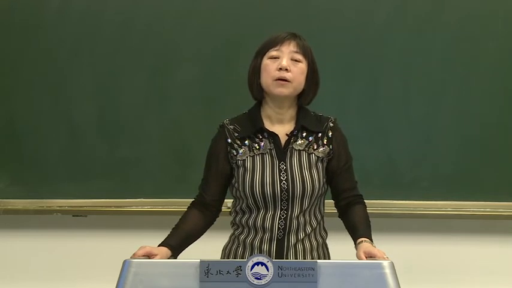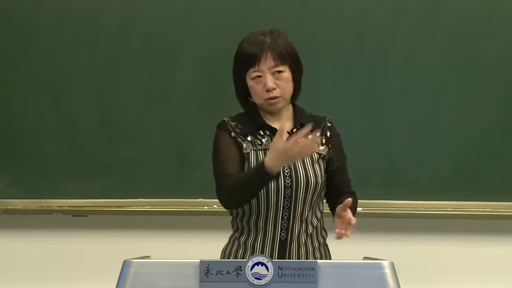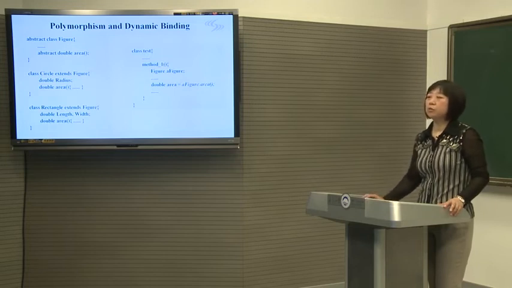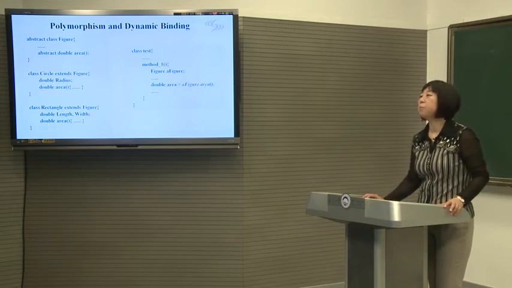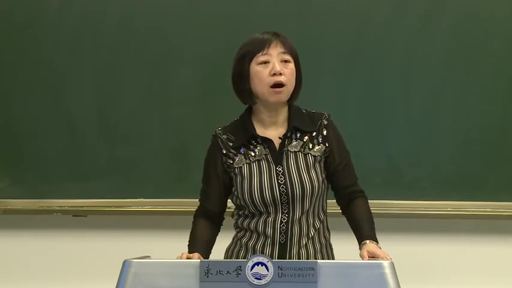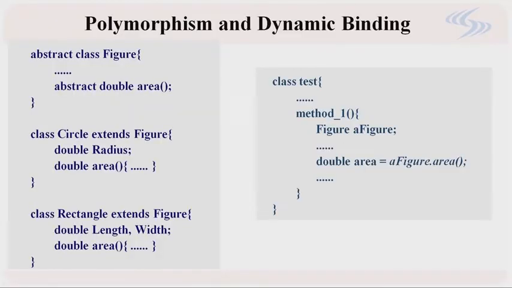Well, maybe you will find that at this time, when we just go through the code, we cannot tell which method area will be invoked. Because you see, in the system, there are quite some areas with the same method name, right? Surely, when the system is running, the correct version of method area will be invoked. But you cannot determine it statically.